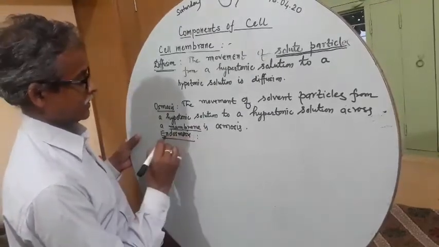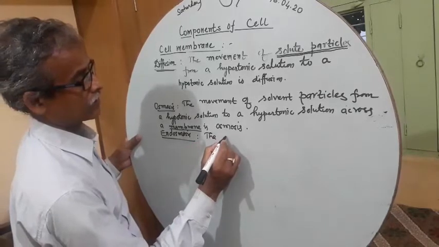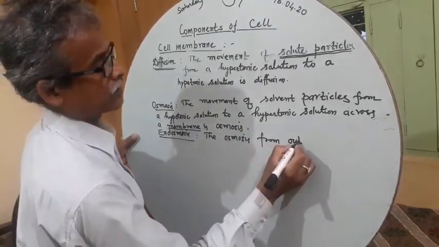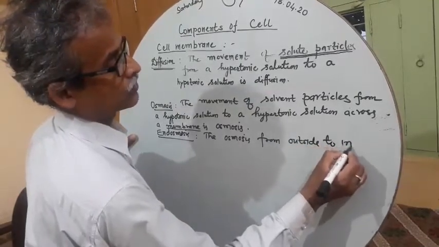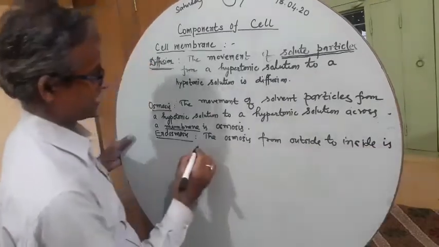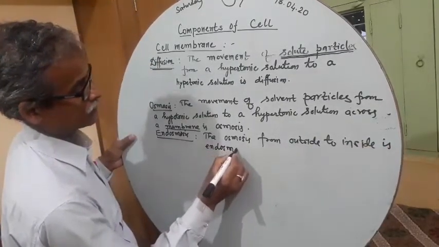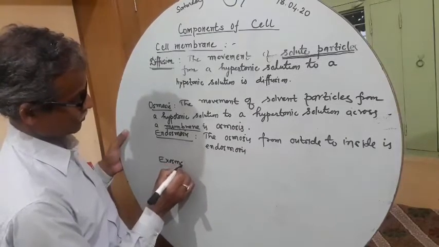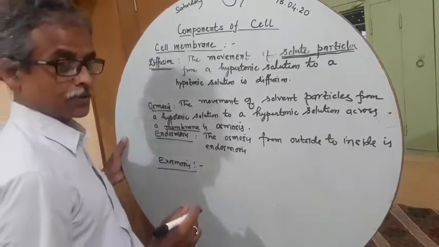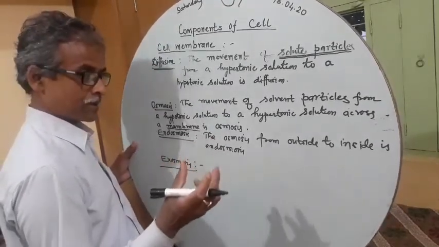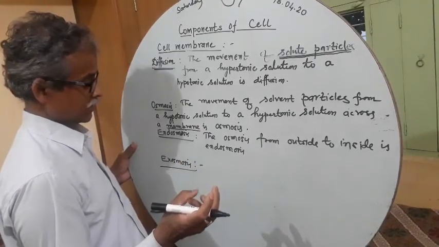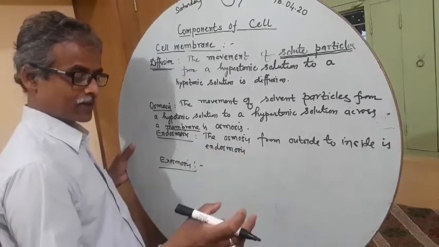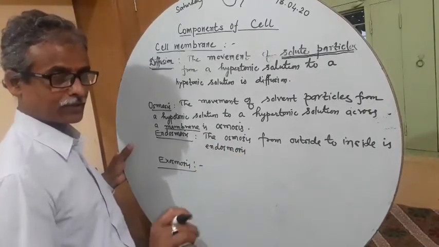Now, endosmosis, the osmosis from outside to inside is endosmosis, and its reverse also takes place, exosmosis, as it happens when we keep a swollen raisin in a highly concentrated solution of water and sugar.